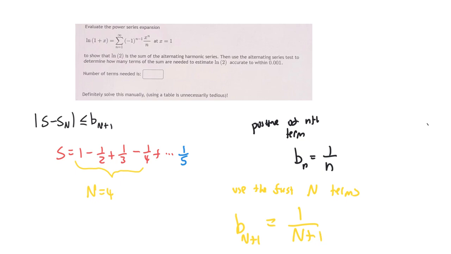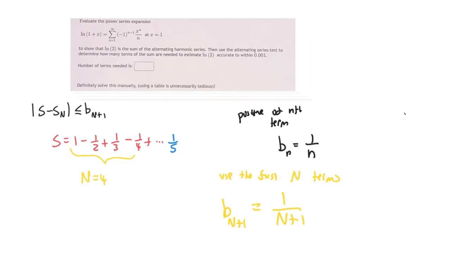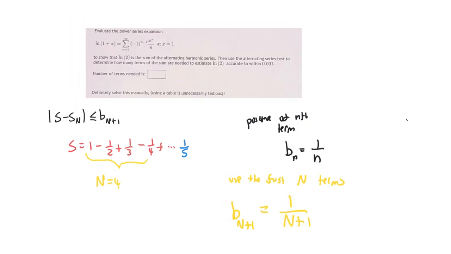And whatever the error is, according to the rule, it has to be less than or equal to b sub capital N plus 1.